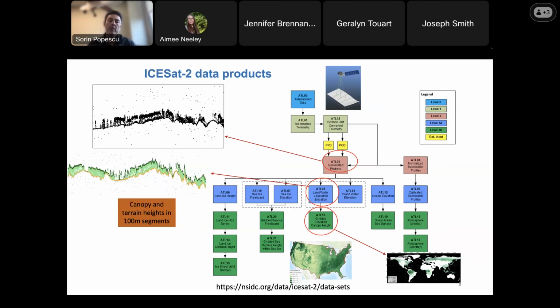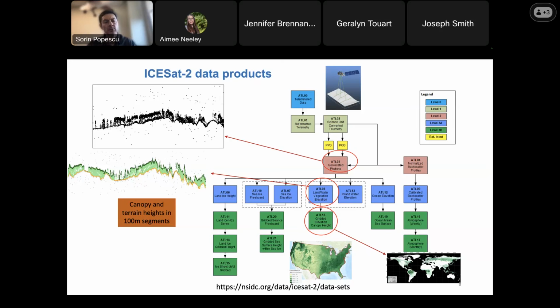So ATL08 consists, as you can see also on this slide to the left, of those photons that now carry a photon class. So they are classified into ground photons, top of canopy photons, those dark green photons, and in between top canopy photons and ground, we have the canopy photons. So that's the photon classification in the ATL08 product.